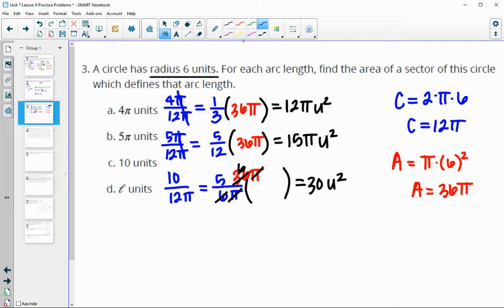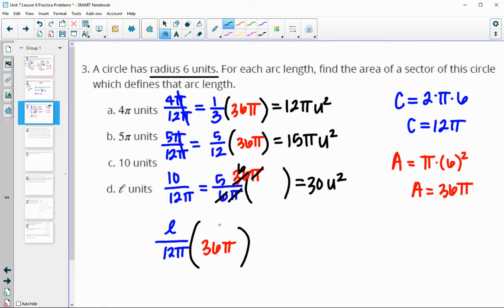And then we can look at doing it with just an L. Let's follow this same process. So we have L out of 12 pi. That won't cancel. This is the portion of the circle that we have. Nothing simplifies. Then we'll multiply this by our area.